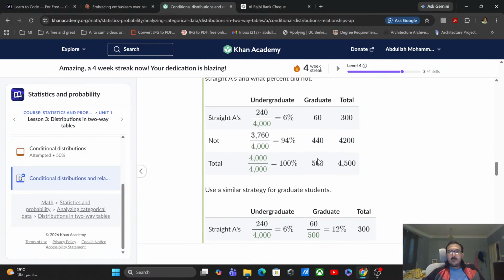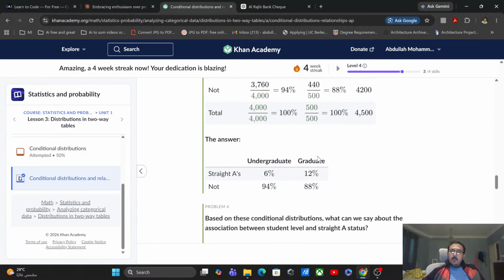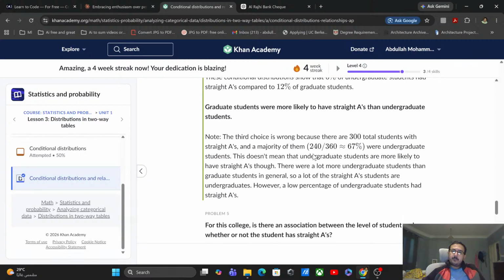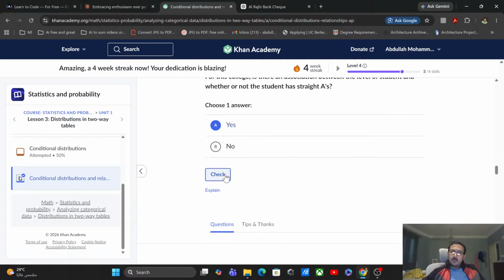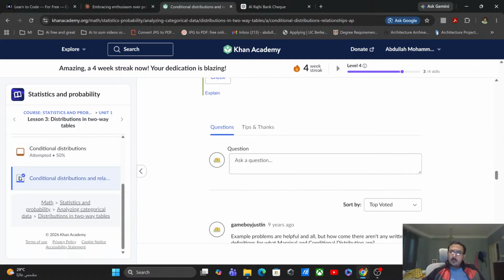My God. Can you believe this? For this college, is there an association between the level of student and whether or not the student has straight A? Yes. Okay.